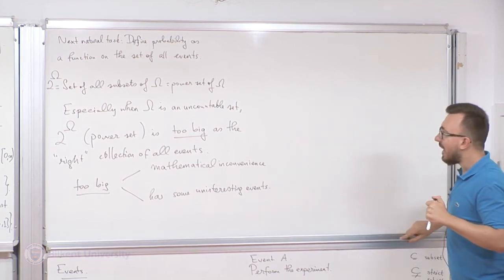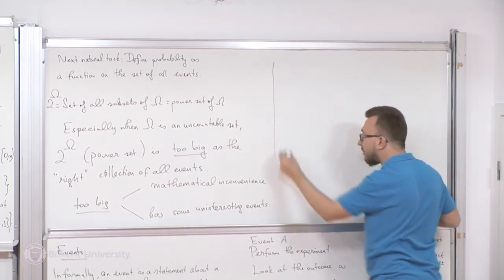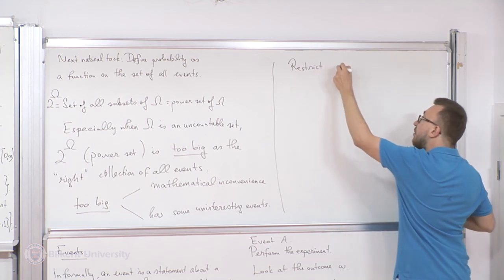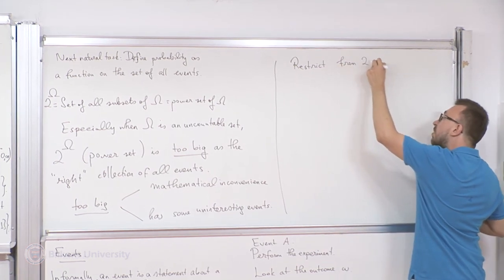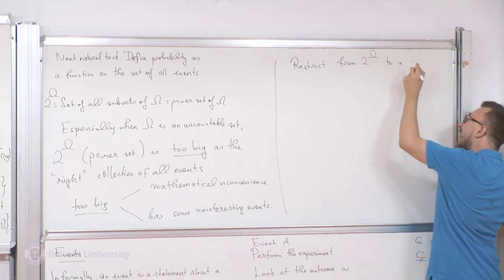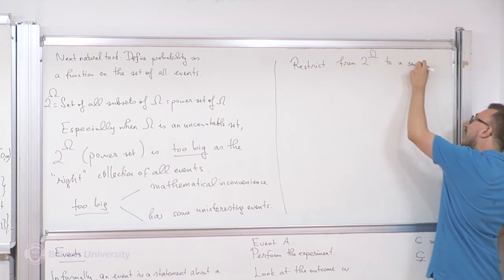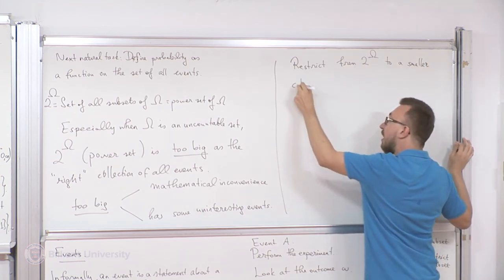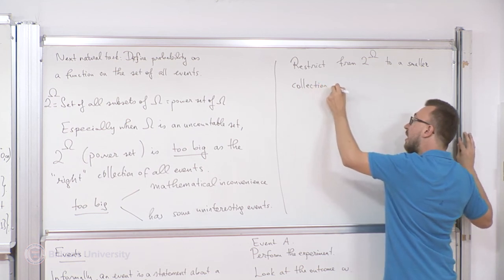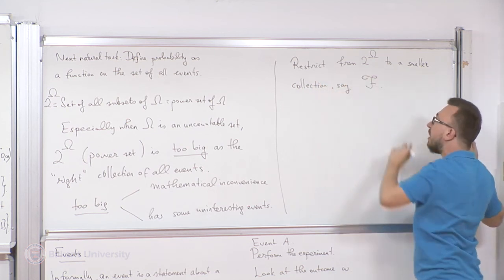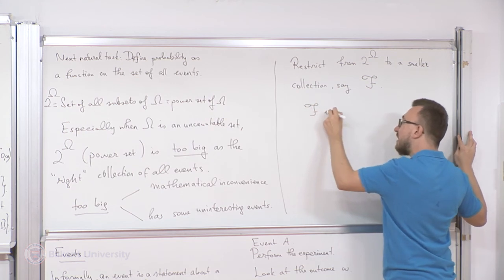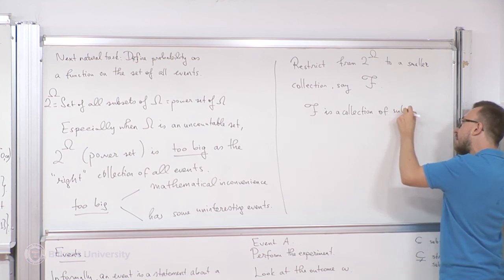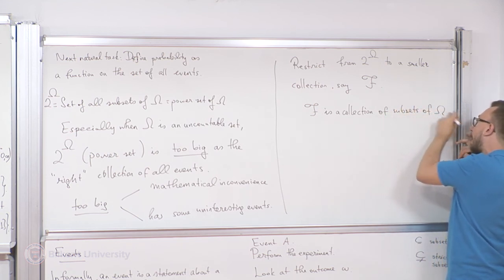So that's why we restrict ourselves from 2 to the omega to a smaller collection, say F. So what is F? F is a collection of subsets of omega.